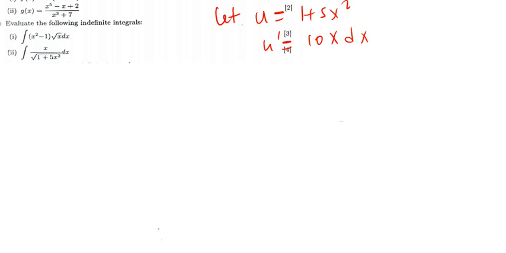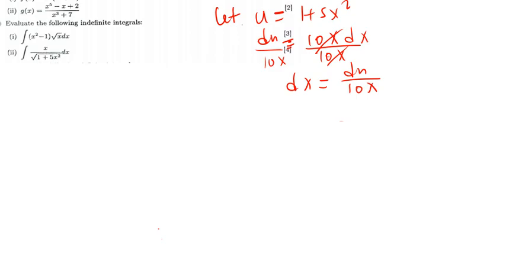Let me not confuse you, I'll say du. So what is my du? My du is now 10x times dx. So make dx the subject of the formula, meaning you divide both sides by 10x. These will cancel and you end up having dx equal to du over 10x.